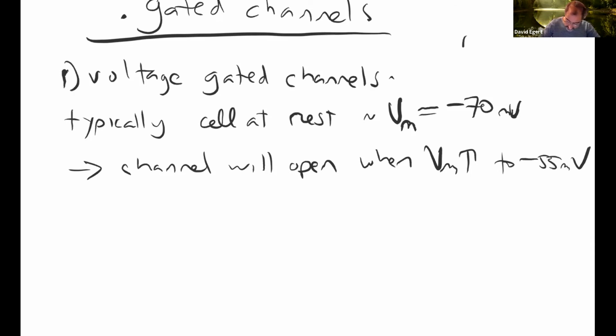This is just an example, and it's an example we're going to see. It's not always these numbers, but this is giving you a sense of how a voltage gated channel works.